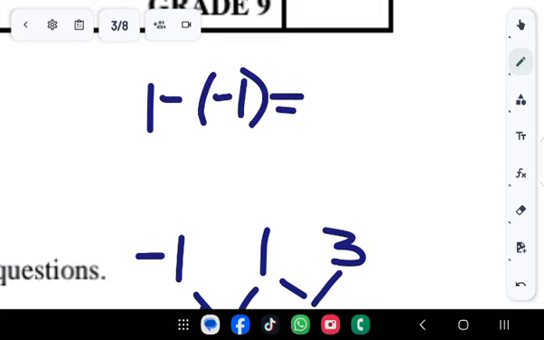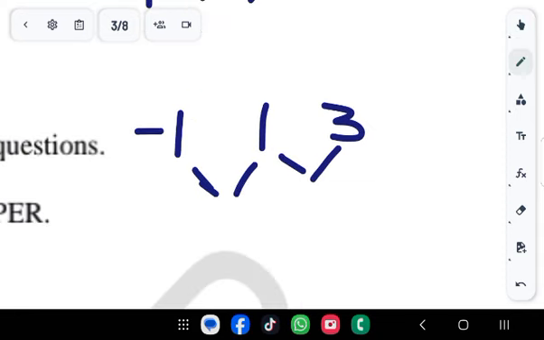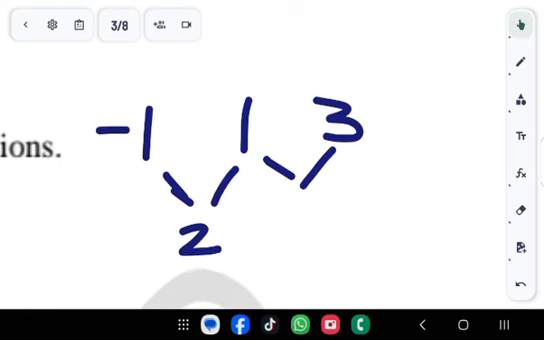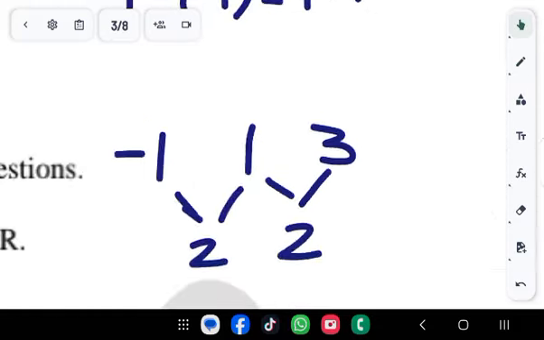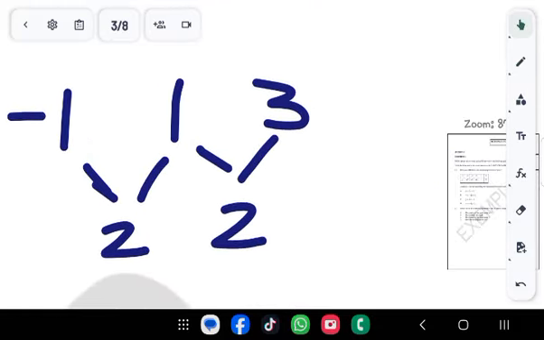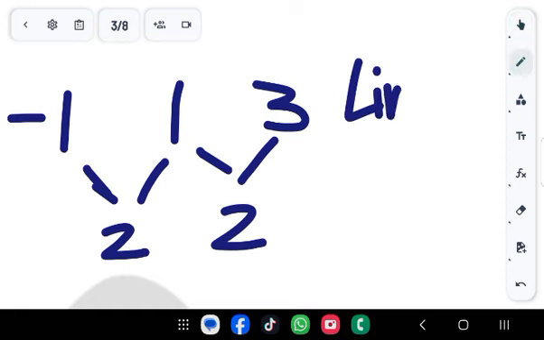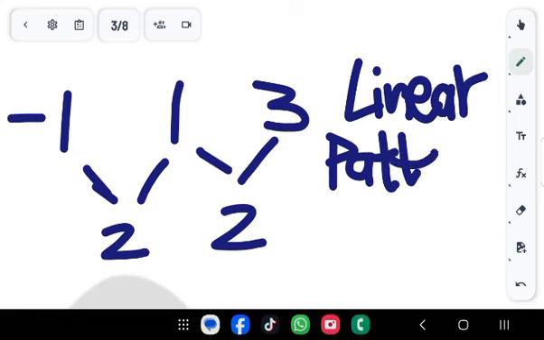If you take your calculator and go 1 minus -1, it will give you 1 plus 1, which is 2. So that is the first difference between these two. Now let's find the difference between these two. 3 minus 1 gives us 2. So now you can see that this is a linear pattern or an arithmetic pattern. It's up to you which name you want to use. It's a linear pattern, and a linear pattern has got a constant difference.